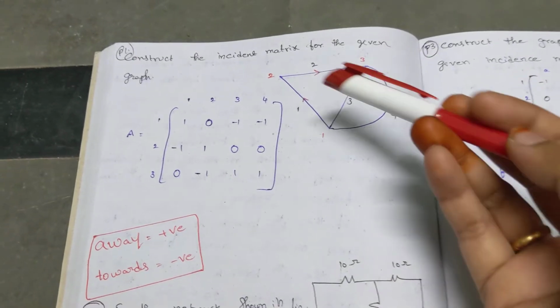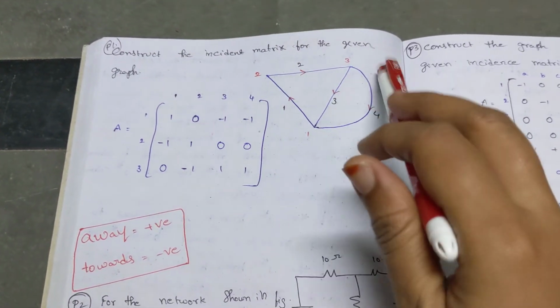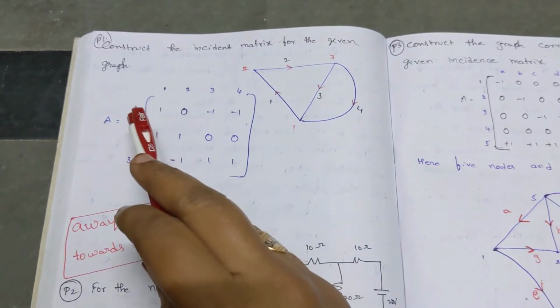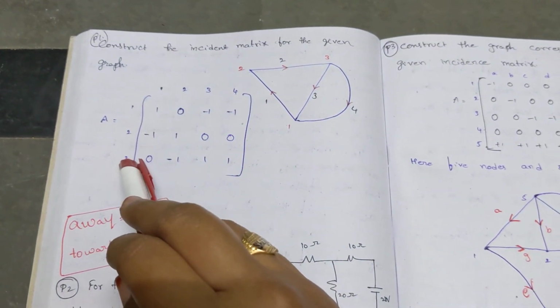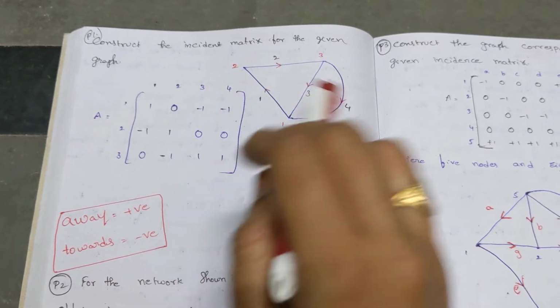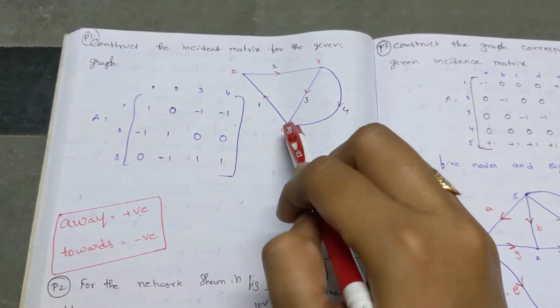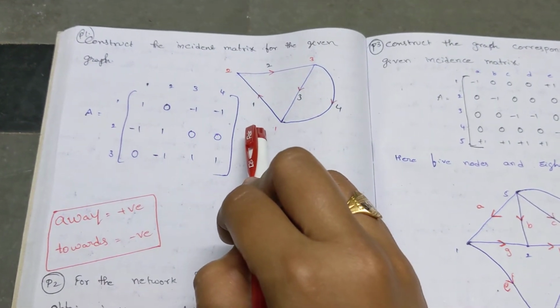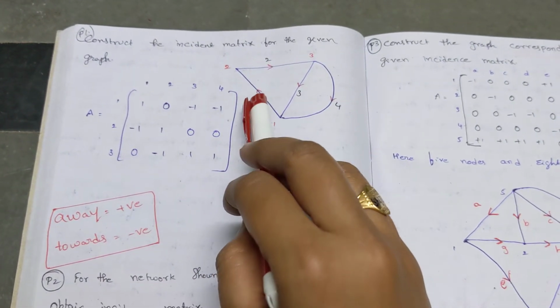And this is a simple example. Here we have 3 nodes and 4 branches. So I am considering the nodes on the rows and branches on the columns. At node 1, branches 1, 3, 4 are available.